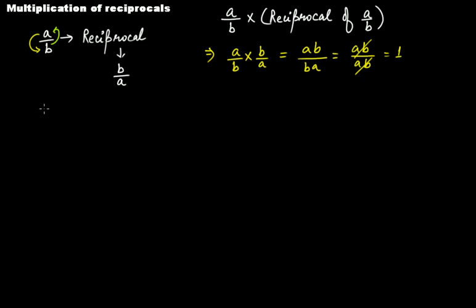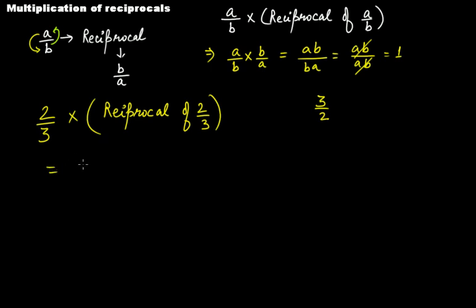I'll show you with an example, by taking a number. Let's say your rational number is 2 over 3. Now what's the reciprocal of 2 over 3? The reciprocal of 2 over 3 is 3 over 2. So if you have to multiply 2 over 3 with the reciprocal of 2 over 3, this is actually 2 over 3 times 3 over 2.